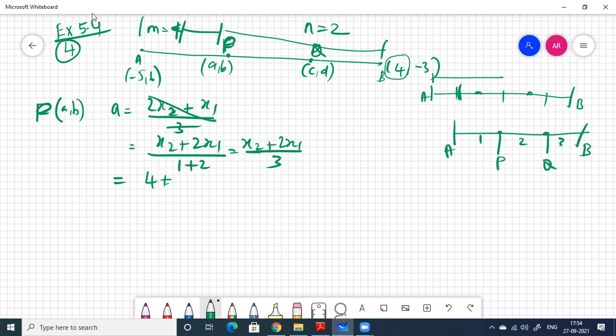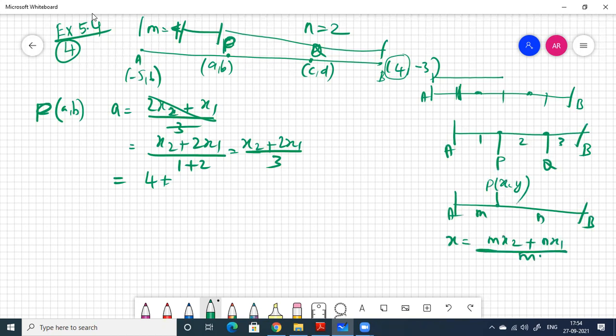Now, if you take the general formula, AB, there is a point, it divides in the ratio of M is to N. What is the formula for P, X comma Y? X is equal to M into X2 plus N into X1 divided by M plus N. Correct?